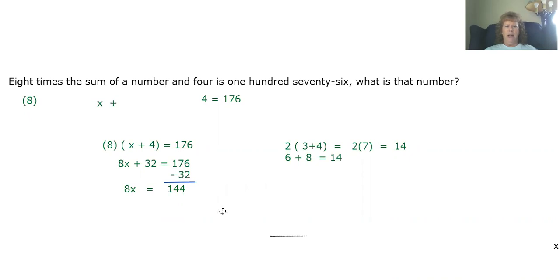So I'm going to be dividing by 8 on both sides. When you divide by 8 on this side, it will cancel out, and when I divide 144 by 8 on this side, x will be equal to 18.